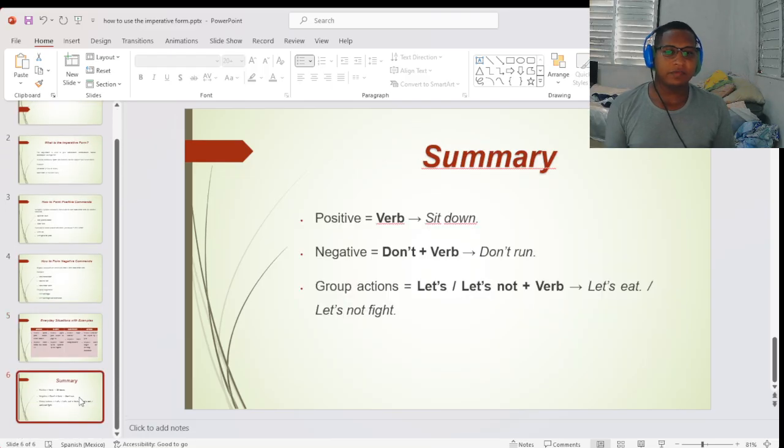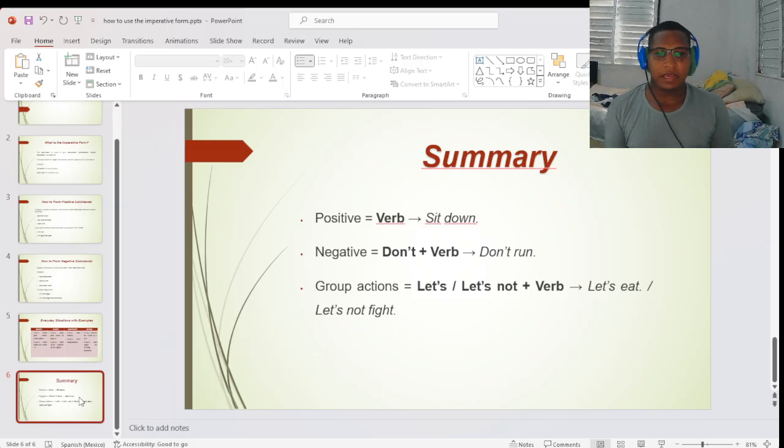Finally, let's summarize the whole exposition of the use of the imperative. So we understand now that to use the imperative in the positive, we first put the verb. For example, sit down.